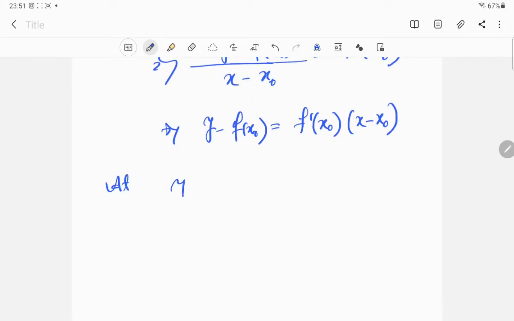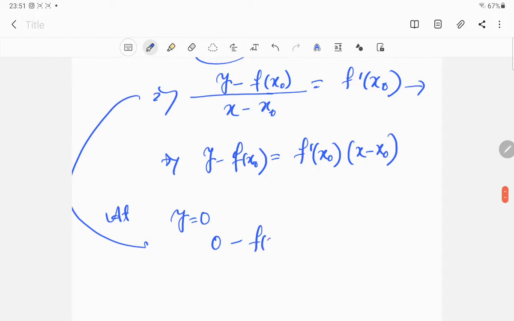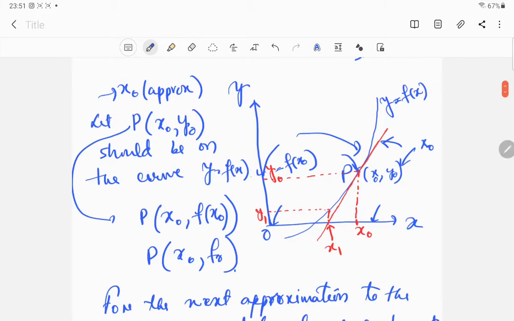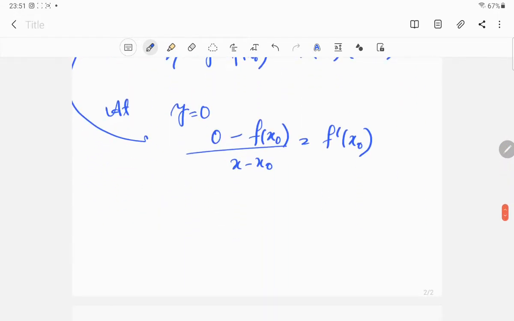Then at y equal to 0, if I write this equation, from this we have 0 minus f(x naught) equal to f dash x naught times (x minus x naught), because when the tangent is cutting the x-axis at this point, y is equal to 0, and x equal to x1.